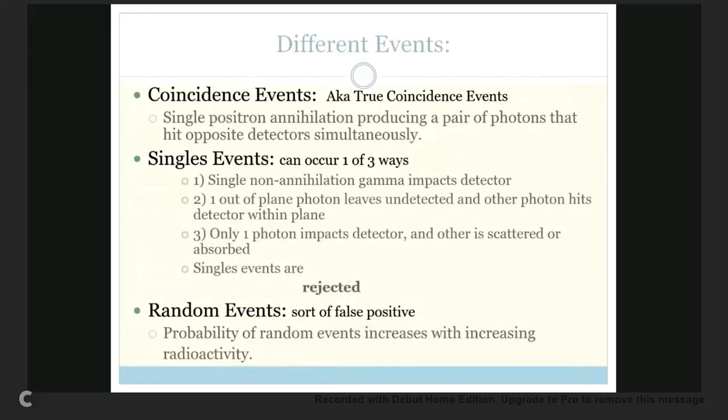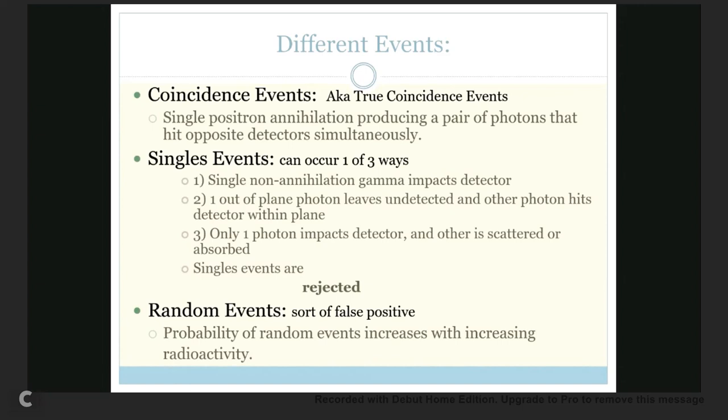Alright, so now you have different events. You have coincidence events, also known as true coincidence events, and then you have single events, and then you have random events. The coincidence event is a single positron annihilation producing a pair of photons that hit the opposite detectors simultaneously, which is normal. True event. Then you have single events, and this can occur in one of three ways. The first one is a single non-annihilation photon that impacts the detector.